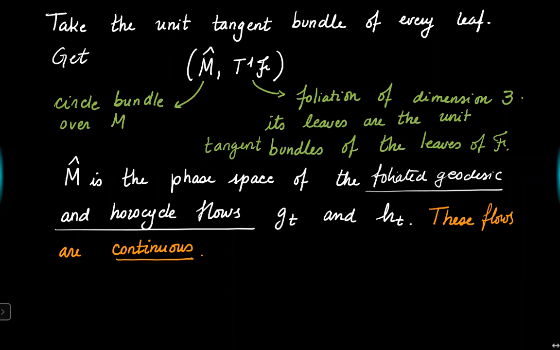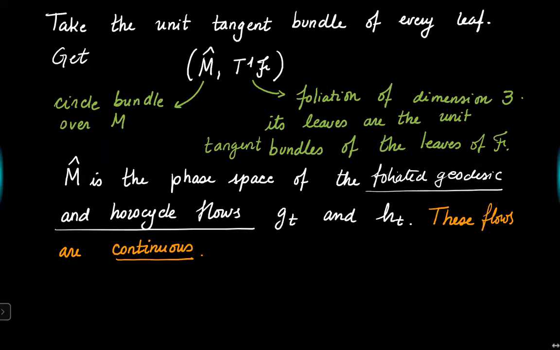And following this geodesic will give the geodesic flow. And the same is true for the horocycle flow. So it's important to picture the leaves of the foliations as being non-compact. So typically when you have the foliation MF, a leaf is immersed in the manifold M in some complicated way.